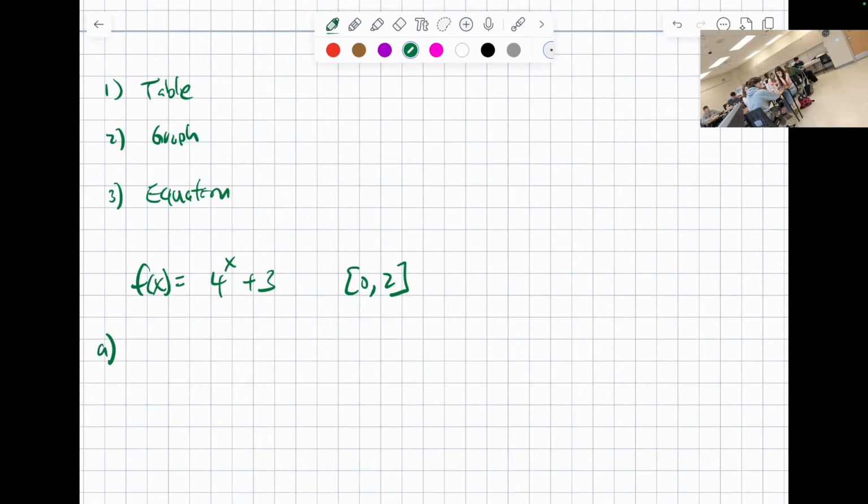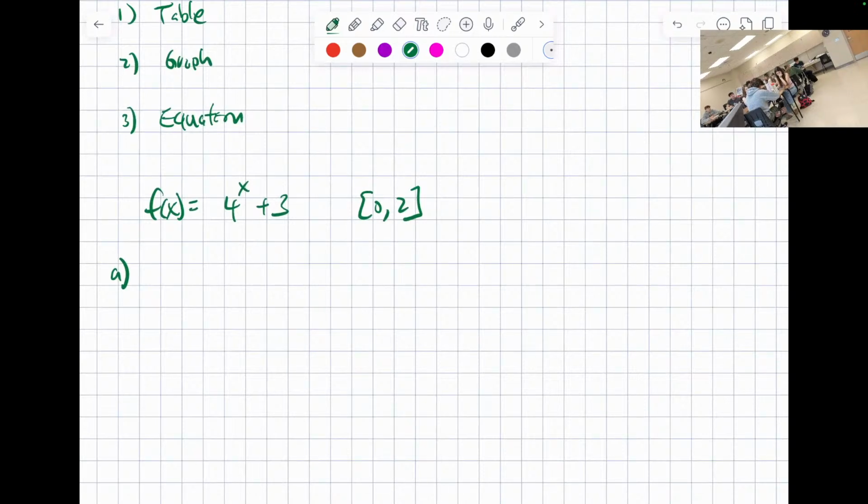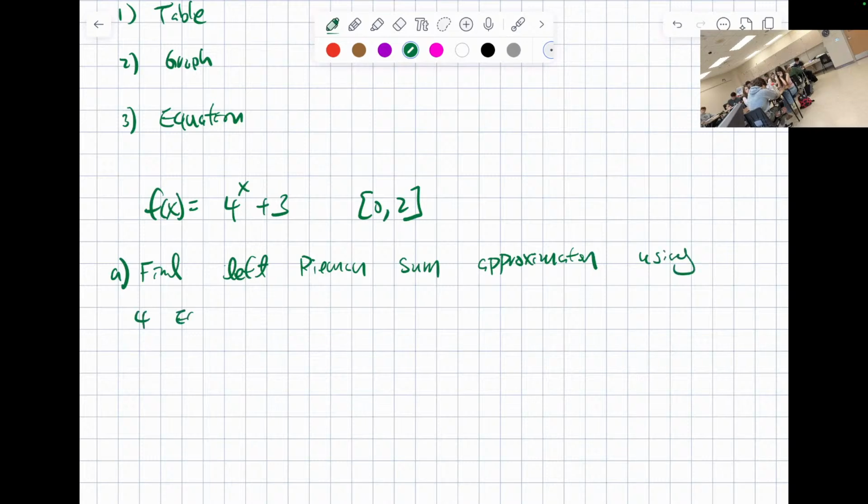I want you to find the left Riemann sum approximation using 4 equal subintervals. 4 subintervals.